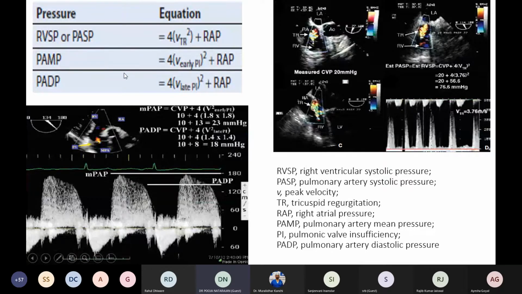So there are multiple calculations which we can do, like we can calculate on echo PASP, which is almost equivalent to RVSP if there's no pulmonary stenosis. Pulmonary artery mean pressure we can calculate with the pulmonary insufficiency, that is the regurgitation value, and also the diastolic pressure with the late pulmonary regurgitation flows as mentioned in this figure.